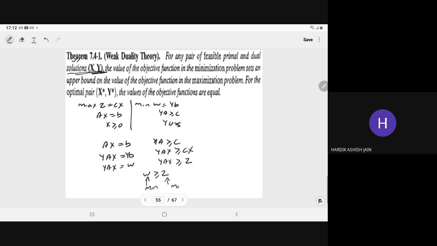So here we have the maximization, and in general we have the upper bound, and at optimal w = z. At that time we have x star, y star. Clear?